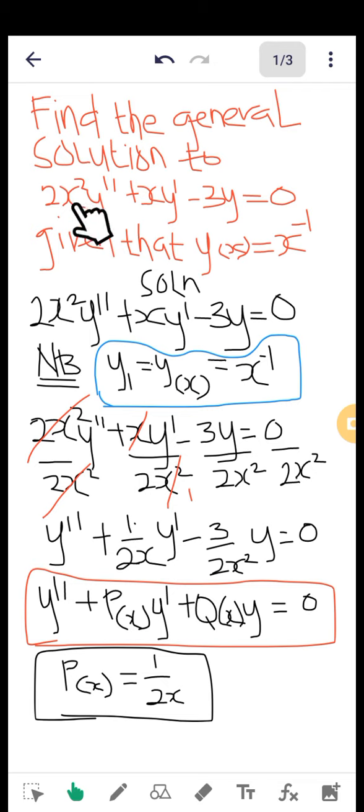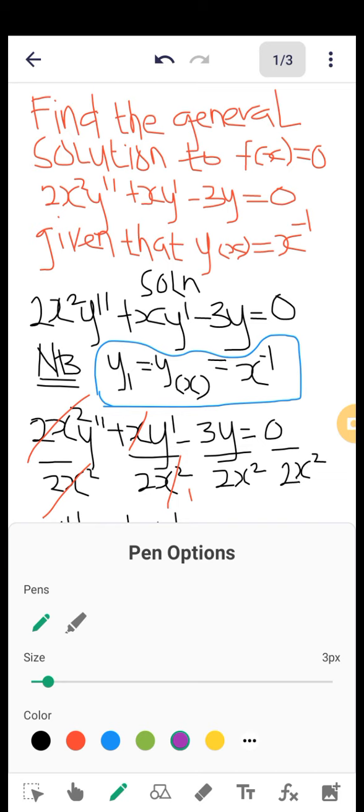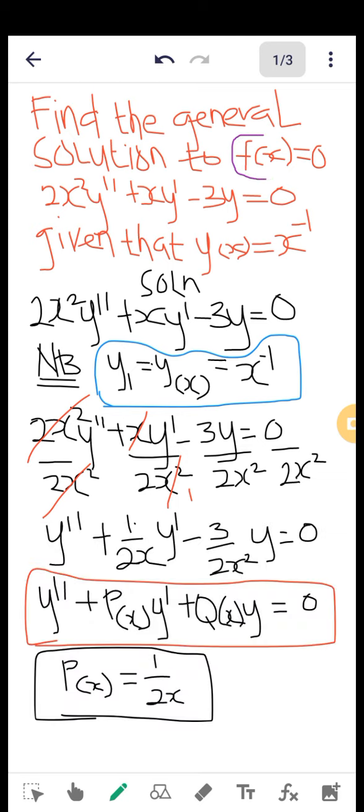We can see clearly that this equation is homogeneous because the right hand side f of x equals 0. Because the right hand side f of x is equal to 0, we term this equation homogeneous.